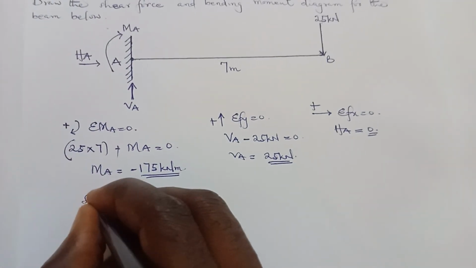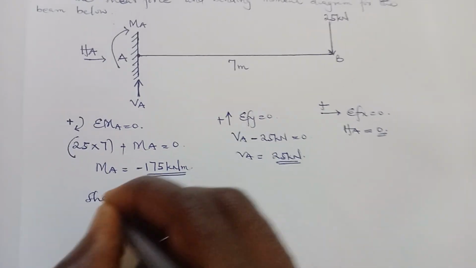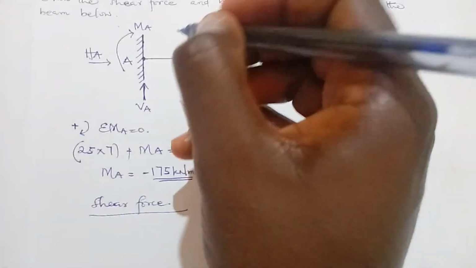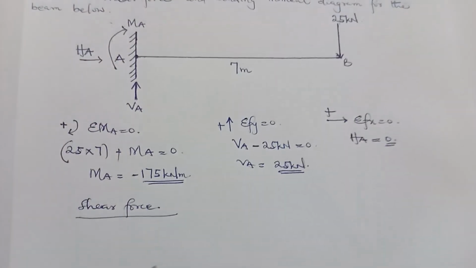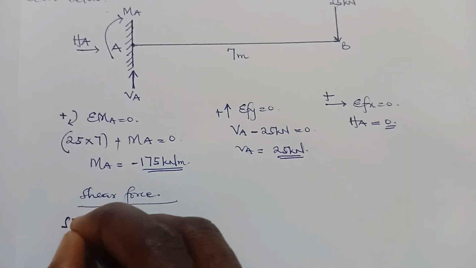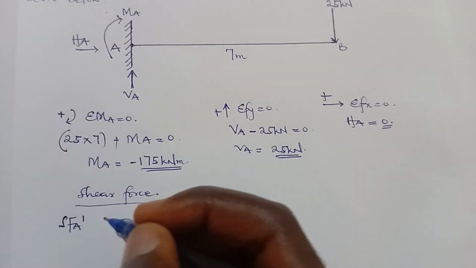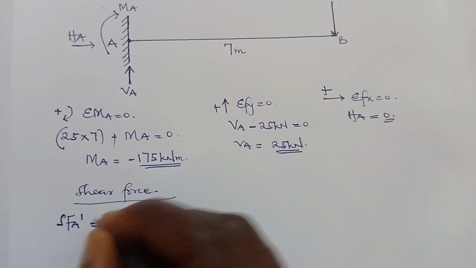So let's do the calculations for the shear force. So the shear force is the sum of the vertical forces. So let's deal with point A. So we'll calculate two shear forces at A. So shear force at A prime will be equal to 0. So the first one will always start from 0.